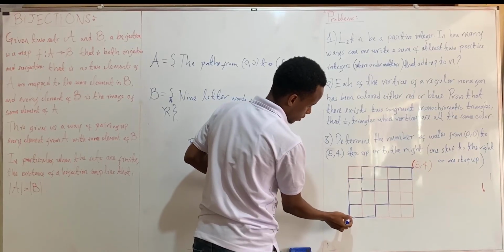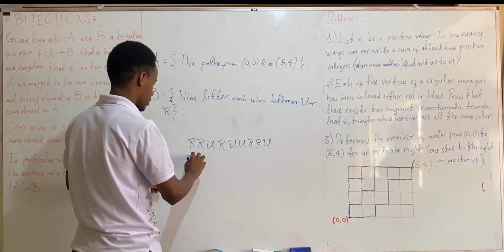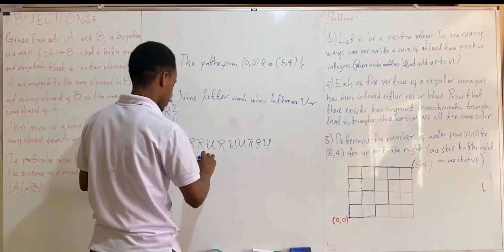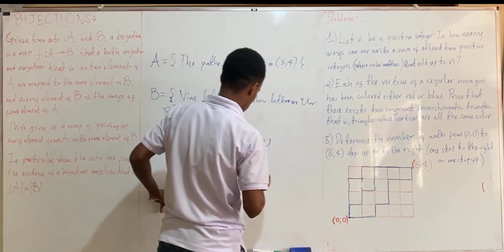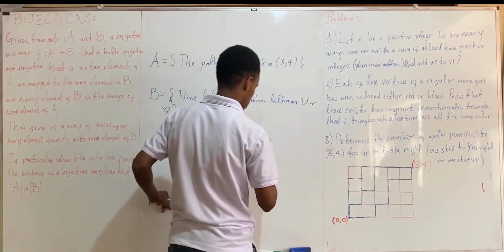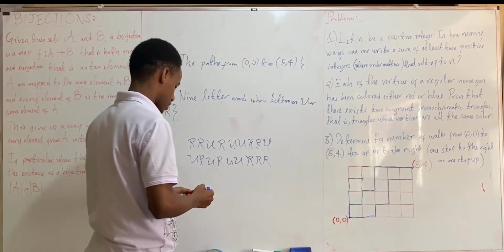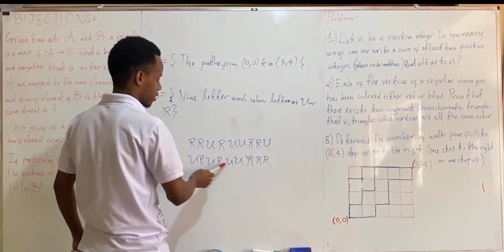Let's try another example. This path went upwards, then right. So it started with up, and then right, and then up, and then right again. Up, and then right. And then 2 steps upwards, and then 3 steps to the right, so 3 arrows. So we can describe this path as this.